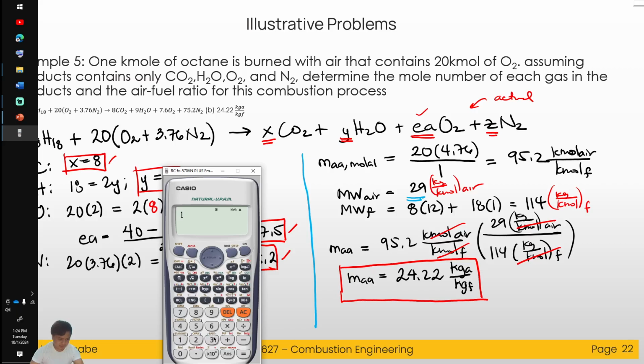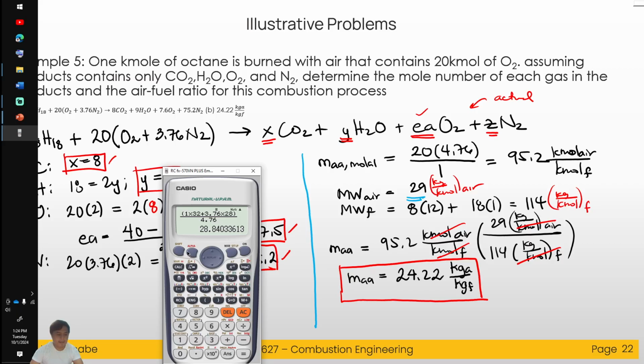So you have 1 molecule of oxygen times 32 plus 3.76 molecules of nitrogen times 28. So this will be the total. I forgot to divide this. So you have to divide this by the total number of molecules. So this will be the actual molecular weight of air.